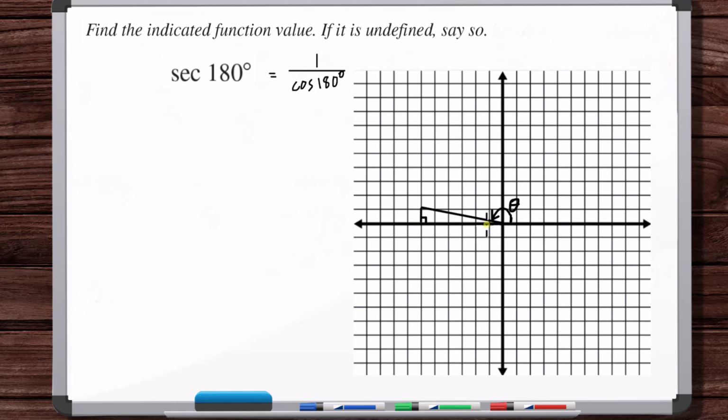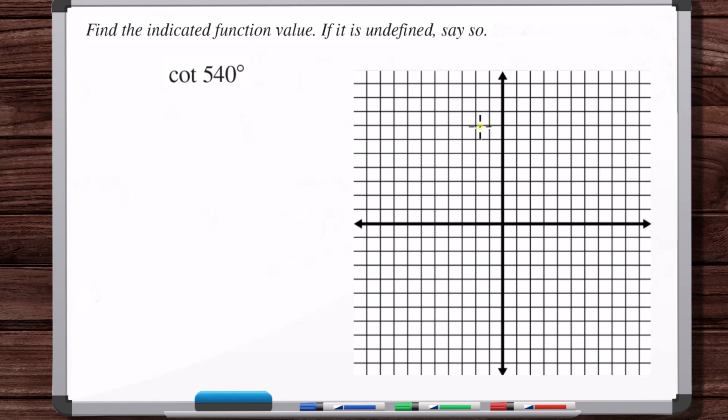Cosine is adjacent over hypotenuse, so secant is hypotenuse over adjacent. So the hypotenuse is r, and the adjacent is minus r once you get to 180. So this is going to be minus 1.